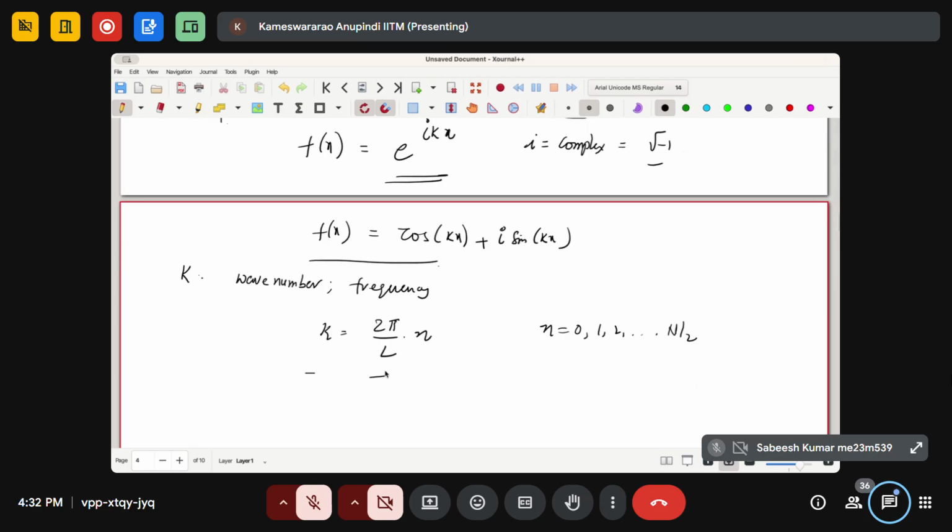If you have a domain of length L, then in this domain, how many waves of period 2 pi can be fit?